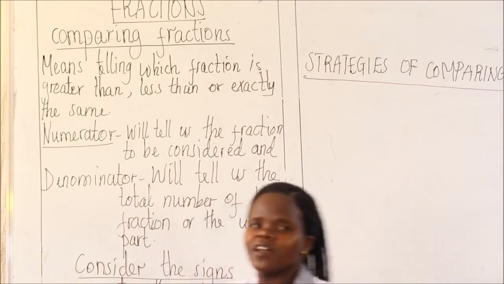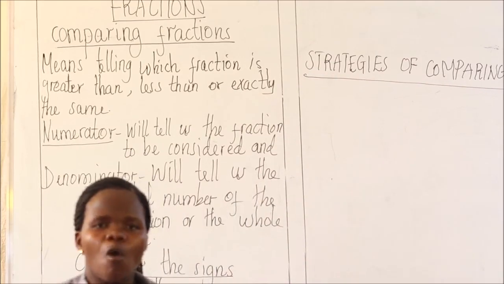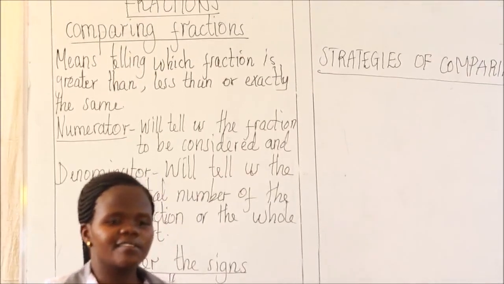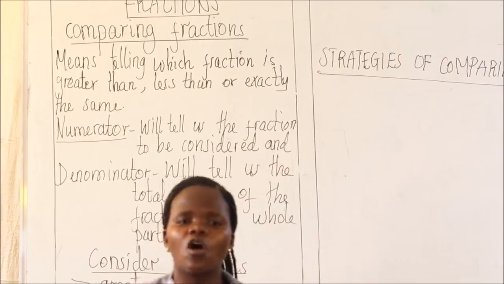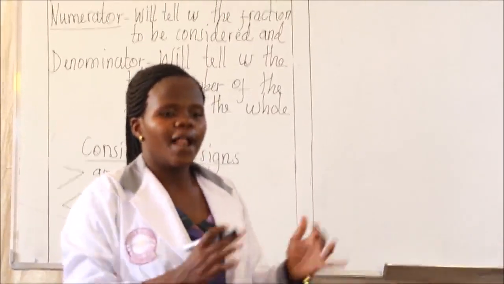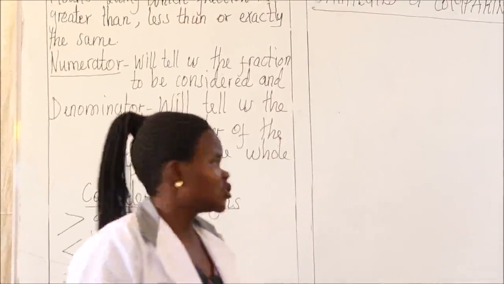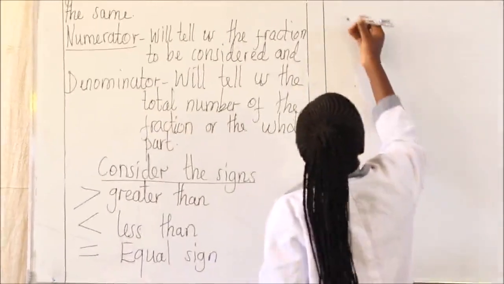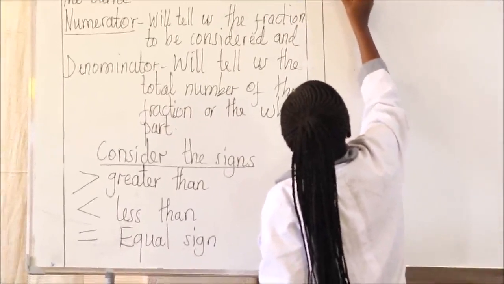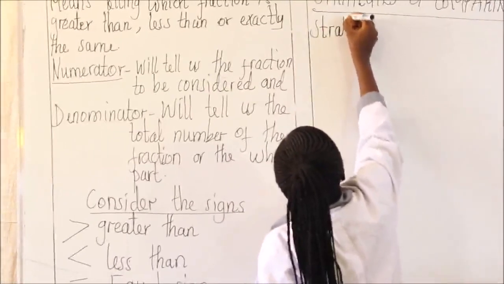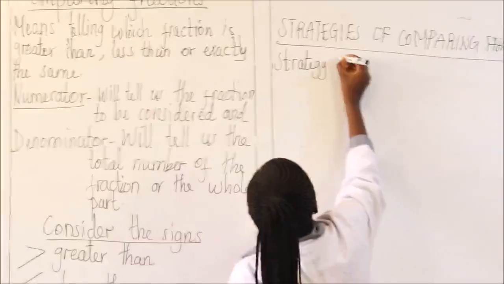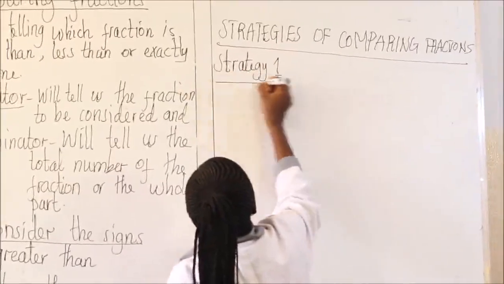We have different strategies of comparing fractions, where we are going to start with the first strategy, the one where we use real models or diagrams, the figures. So we are using different figures to compare a certain fraction and another fraction. Here we have strategy 1.